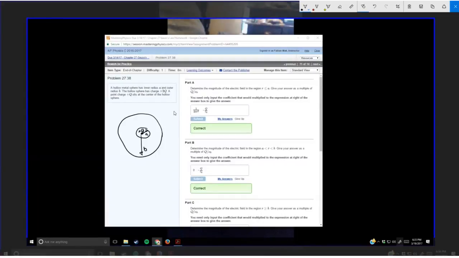What we're going to do is use a variety of different Gaussian surfaces to solve for what the electric field will be in those different regions. I think I made this a little too small, so I'll make this bigger.